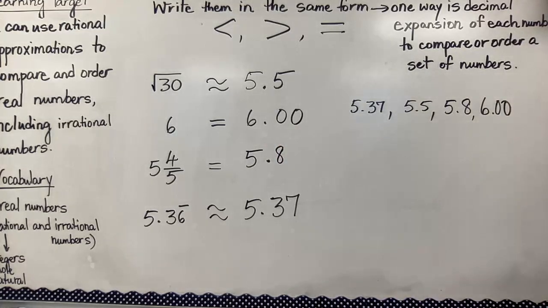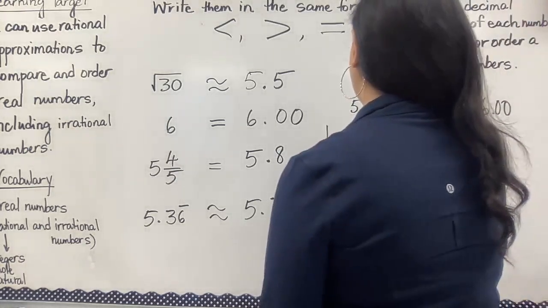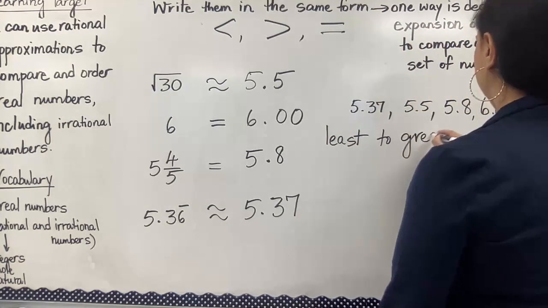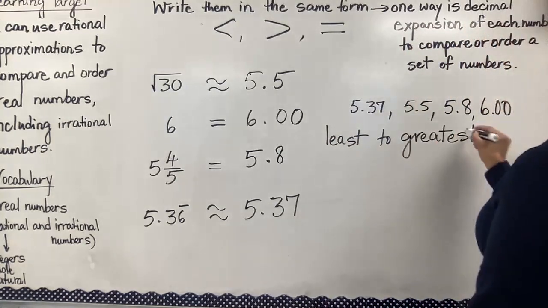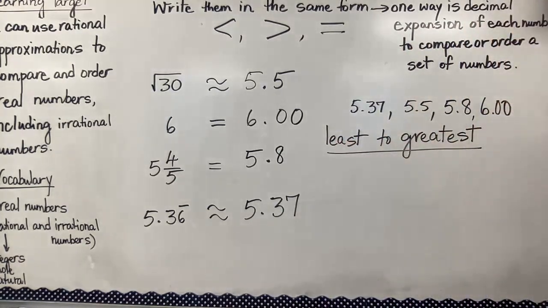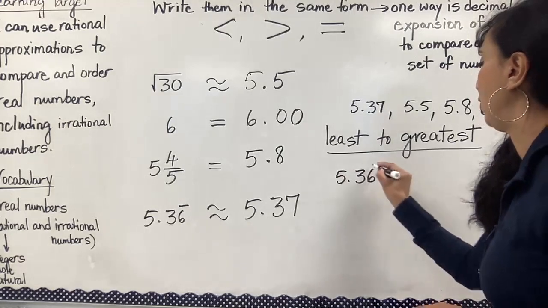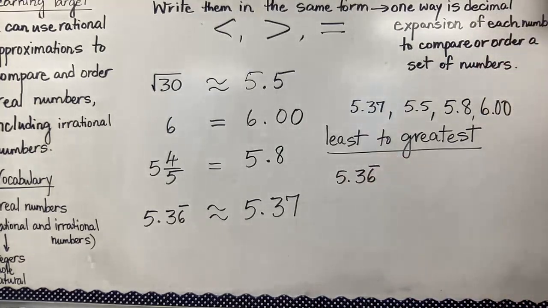Okay, so now that we have placed this in the correct order, we are going to put the original format back, from least to greatest. What's the first one that we have? We have 5 and 36/100 with a repeating sign over the 6.